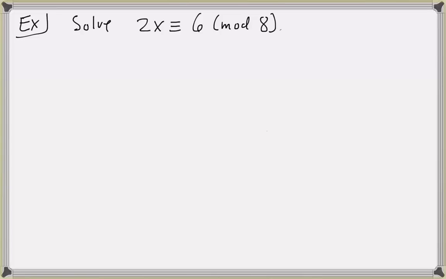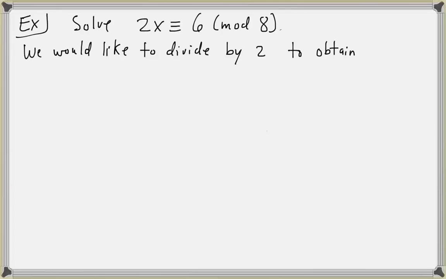We see that 6 is divisible by 2, so we would like to divide by 2 to obtain x congruent to 3 mod 8.